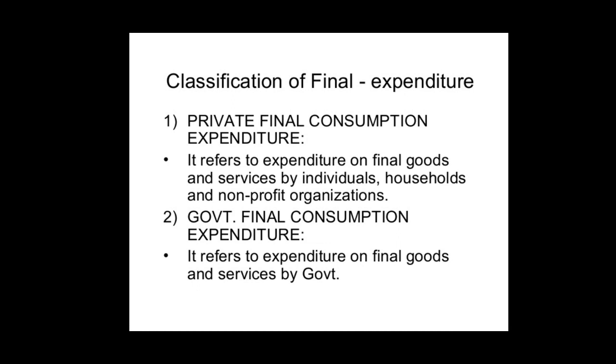After the identification of economic units, the second step is to classify the final expenditure incurred by different economic units into various heads. Expenditure can be made by private individuals, by households, by government, or by business enterprises.